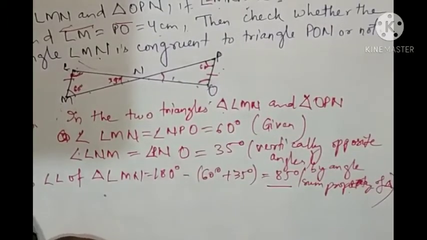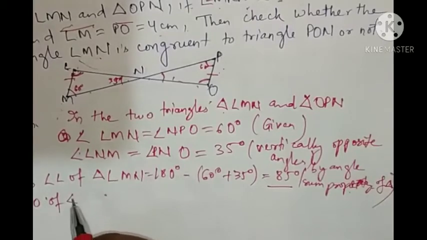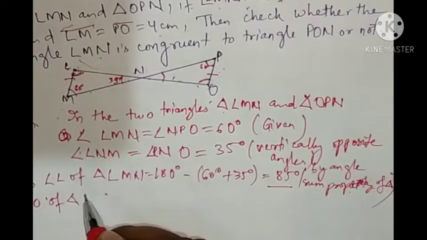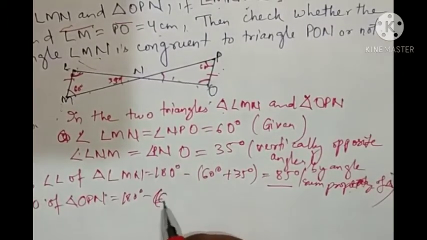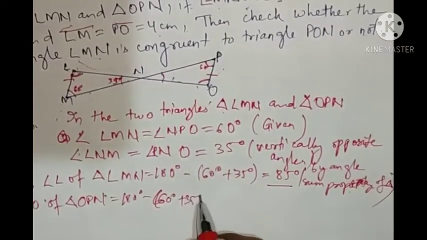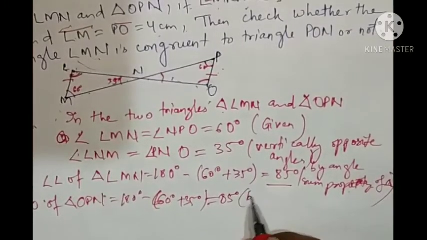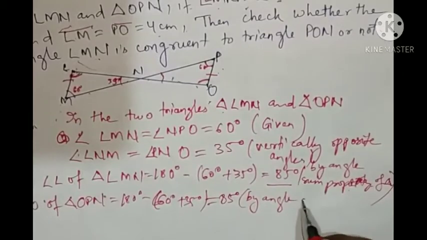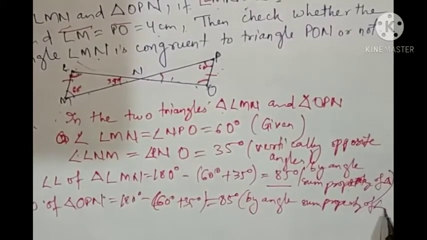Now we'll see whether we are getting O or not. So angle O of triangle OPN equals 180 degrees minus (60 degrees plus 35 degrees), that is also how much? 85 degrees. And this is also by the same rule, angle sum property of triangle.